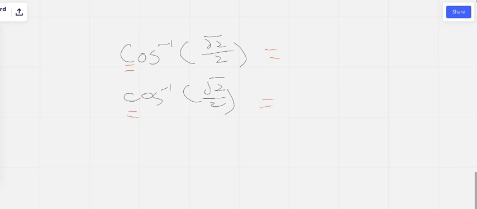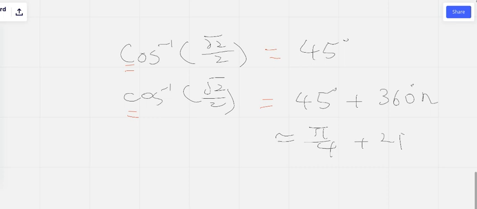The answer is 45 degrees. However, if you have a lowercase, you make it something like 45 degrees plus 360n. Or you can say pi over 4 plus 2 pi n.